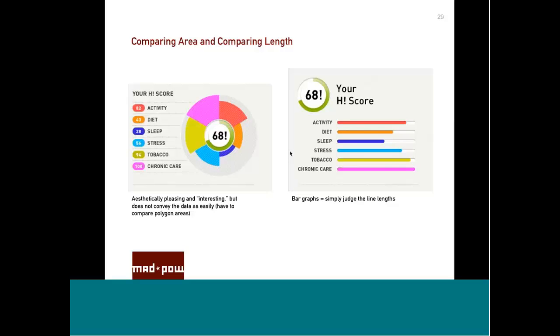They are four-sided, but they're not quite squares or rectangles. So it would be a little harder to parse which one is bigger than the other one, as opposed to the line graphs where we can just take a look and know that chronic care is the biggest and that diet and stress are fairly close to each other, that sort of thing. So again, you want to convey the data in such a way that you don't have to make folks think about it.